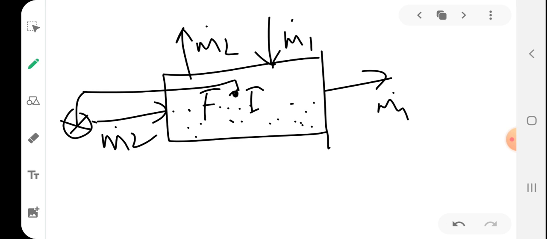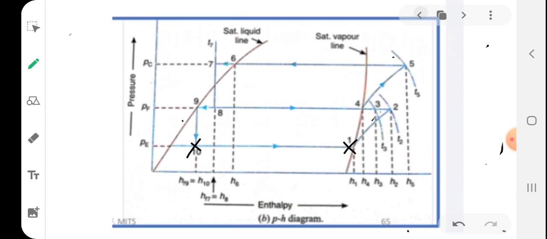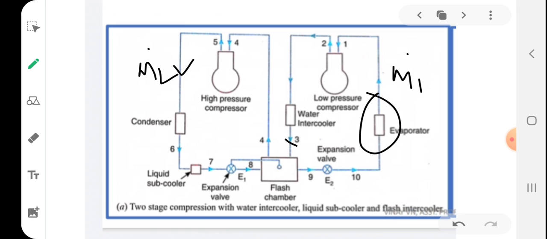Now the streams are like this: two incoming streams and two outgoing streams. What are the enthalpies associated with these streams?